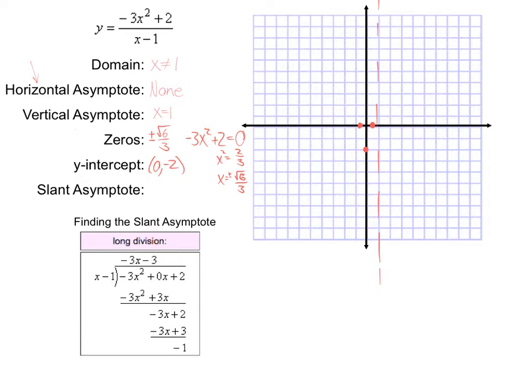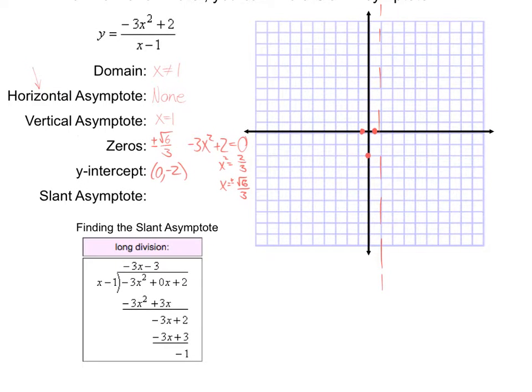Notice here, we're doing the division, and we have the numerator on top. The numerator is the negative 3x squared plus 0x plus 2. We put that placeholder in there. We're dividing that by our denominator, x minus 1. Negative 3x squared divided by x is negative 3x.